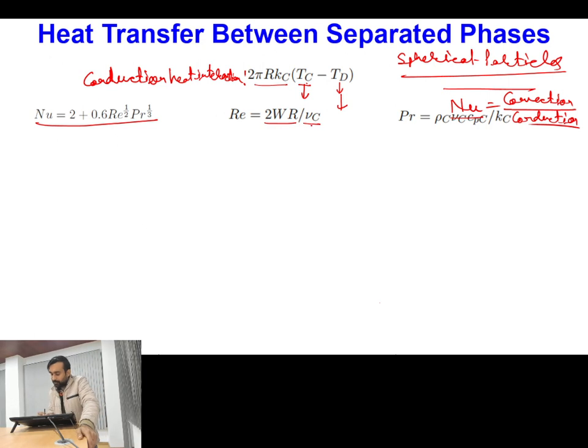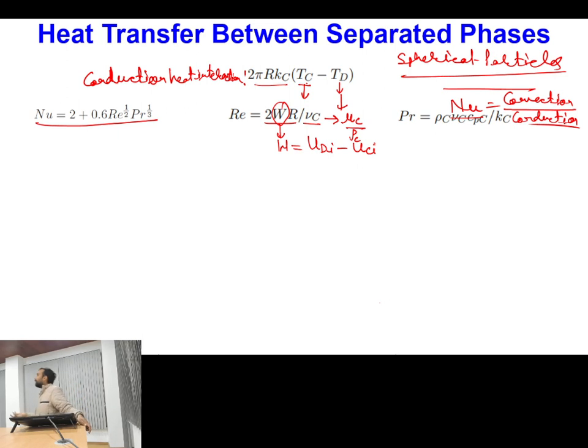What is nu? Kinematic viscosity, which is the dynamic viscosity of the continuous phase divided by its density. And W is the relative velocity, which is nothing but the velocity of the dispersed phase minus the velocity of the continuous phase.